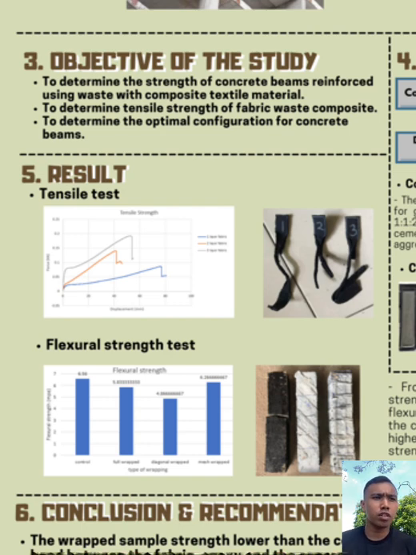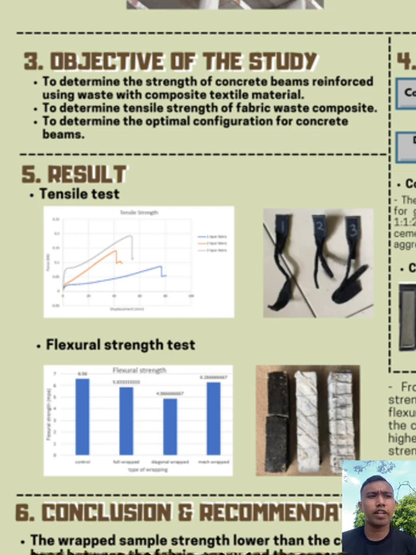For the control sample, the flexural strength is 6.96 megapascal. For the full wrap sample it is 5.83 megapascal. For the diagonal wrap it is 4.86 megapascal, and for mesh wrapping it is 6.26 megapascal.